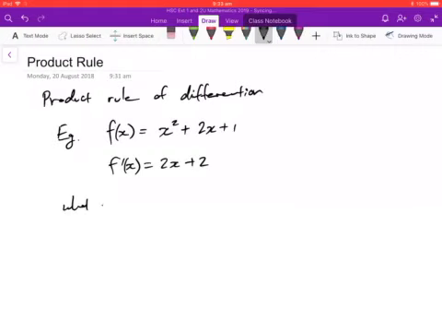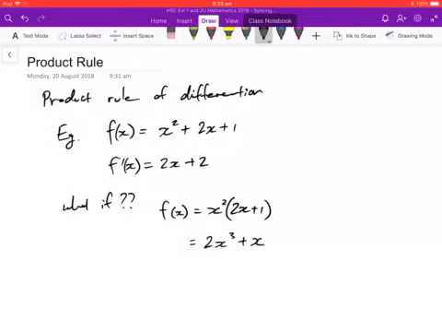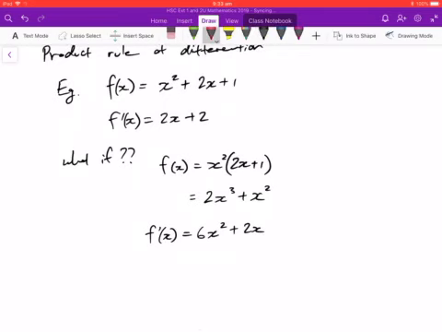But what if we had f of x is equal to x squared outside of 2x plus 1? Well, one approach is you could expand it. And then we could say f dash x is equal to 6x squared plus 2x. So that's fine. We could expand.